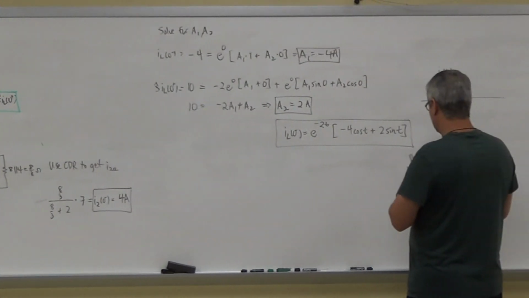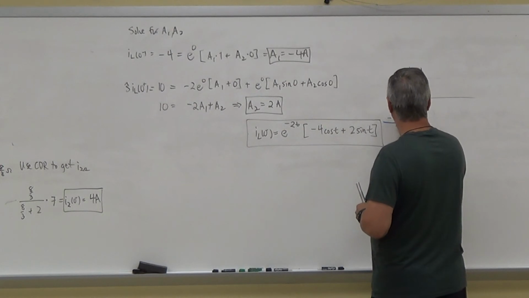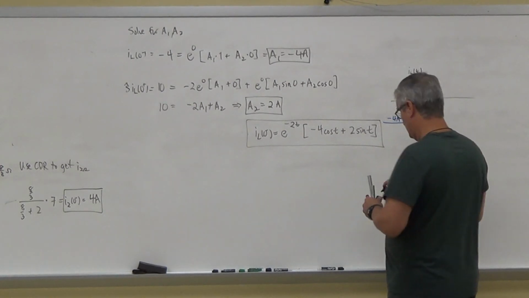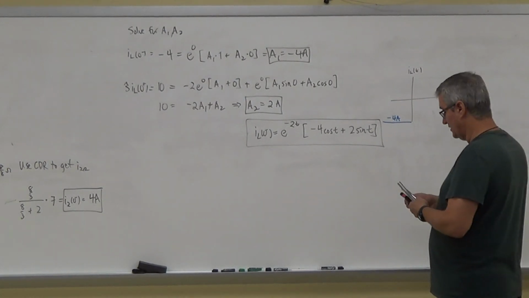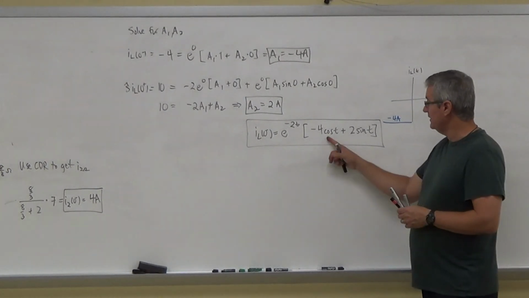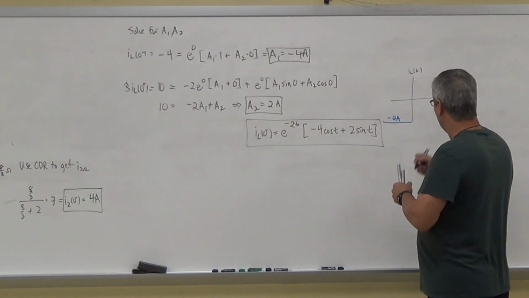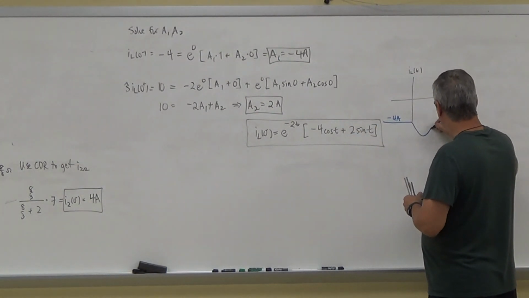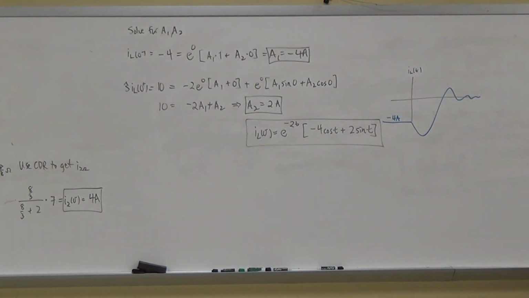So that means it's coming in at negative 4, right? And then it oscillates. How is it going to oscillate? It looks to me, I don't really know, but it looks to me like it's going to bounce downwards. And then what's it going to do? Something like that.